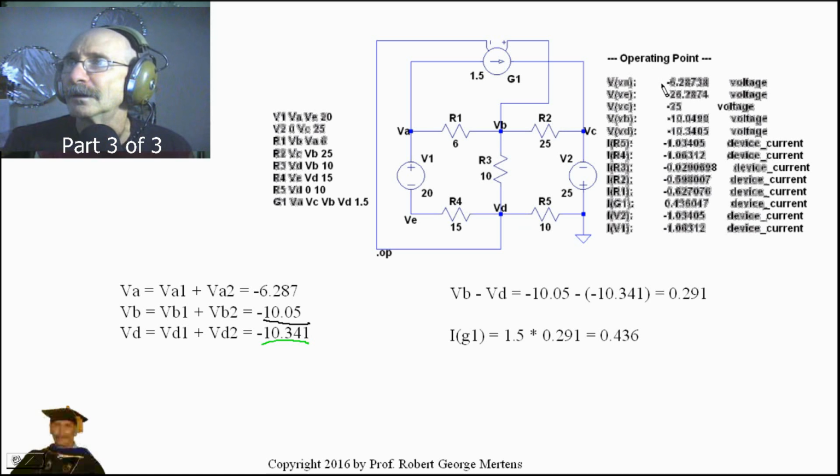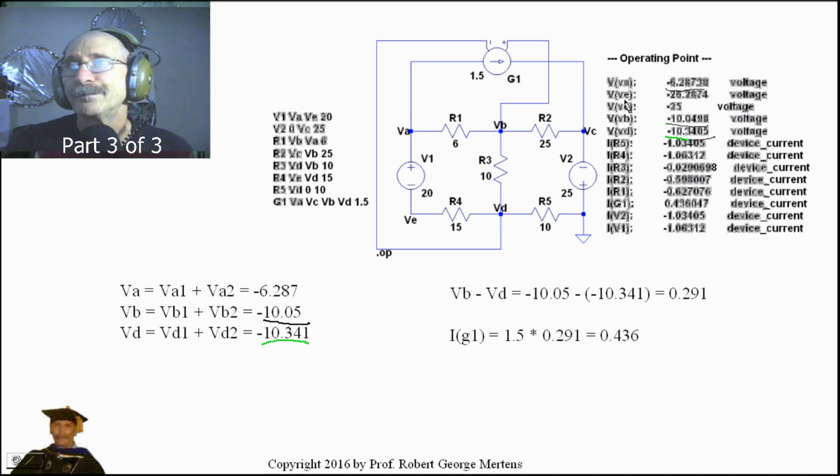We wanted to know if these numbers were going to come out right. Okay, so we got minus 10.341. VB is equal to minus 10.05, and then minus 6.287 for VA. And that matches up with what we get when we run the SPICE program, which in this case is LTSpice.